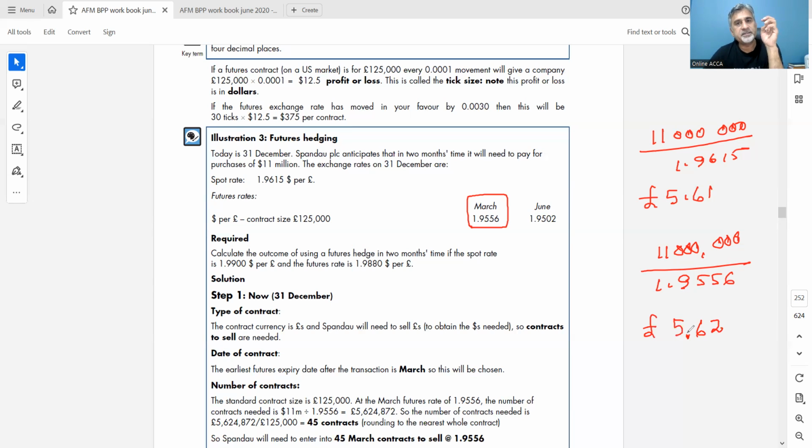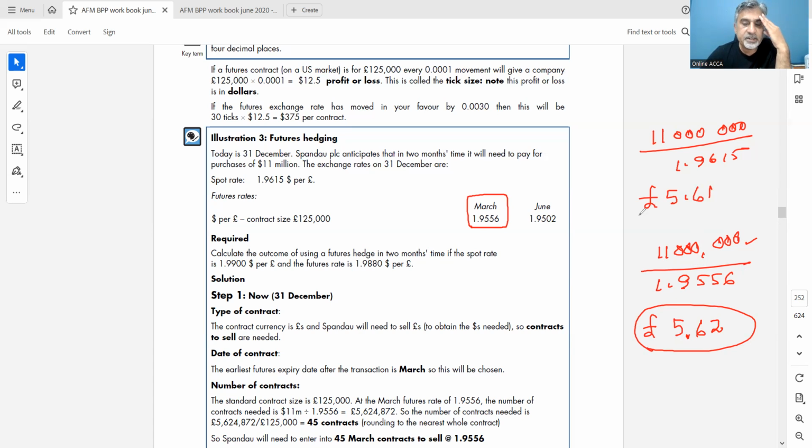That makes me concerned. That makes me worried because sterlings are losing strength. I would be needing more sterlings to buy the same 11 million. I will be at loss. The market is giving me signal that dollar will strengthen, sterling will lose.